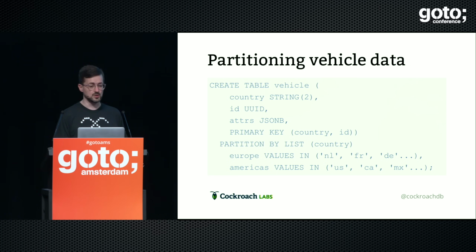So first of all, in order to partition a table, you need to give it a primary key such that the first part of the key gives you the location. And then you tell the server a little bit more about how exactly you want to partition it.